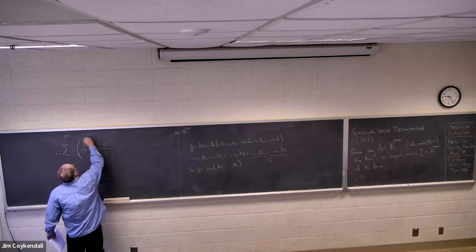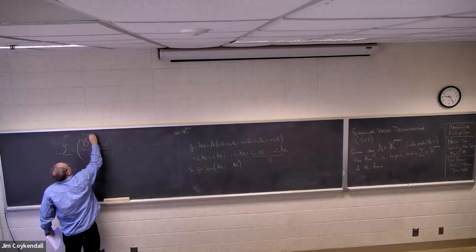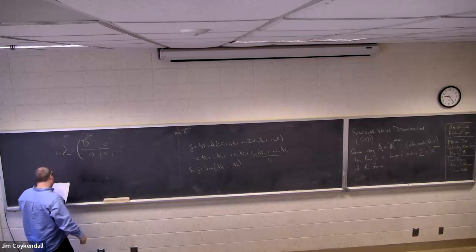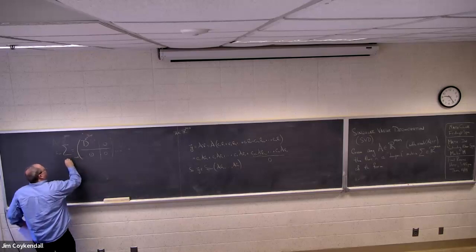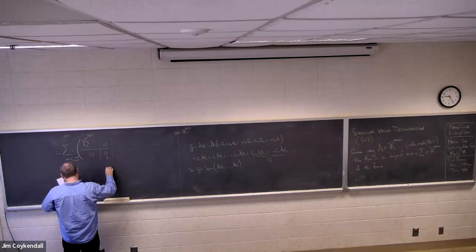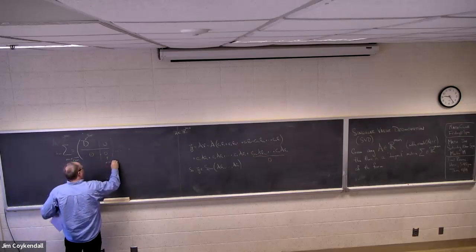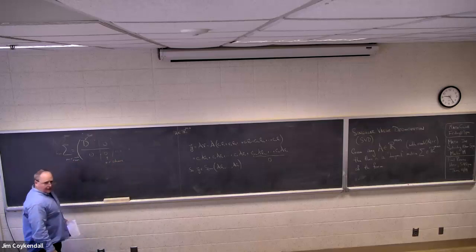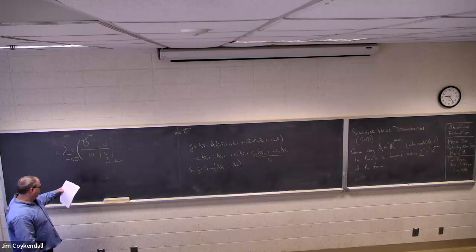So this one is R by R, and there should be m minus R rows here and n minus R columns.